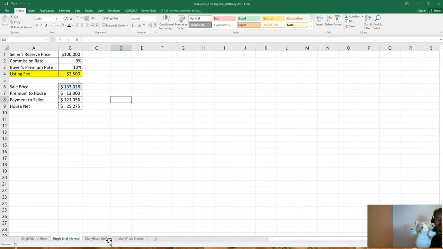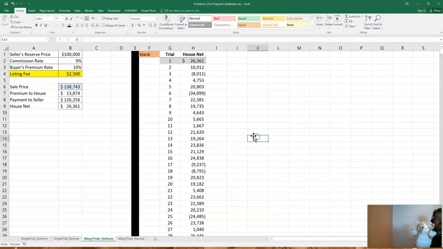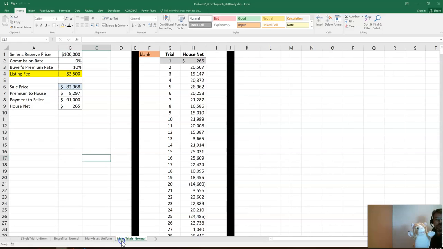Then we went to the mini trials. Here's the uniform, and there's 1,000 trials. Each of these lines represents one possible simulation of the auction. And here's the same thing with a normal distribution for the actual sale price.